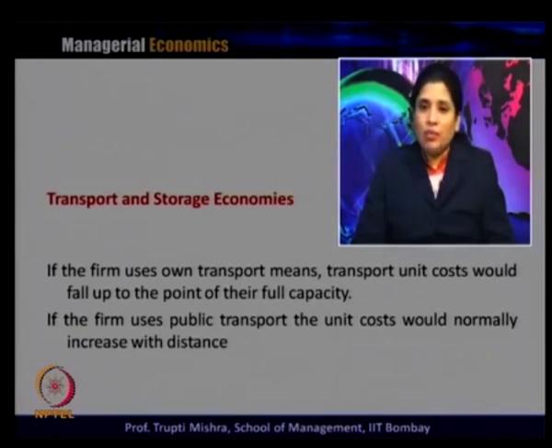The more you transport, the unit cost will be more if the distance is more. But if the firm uses its own transport, then if 100 units are getting transported, it is better to transport 1000 units, because that will reduce the transport cost per unit.